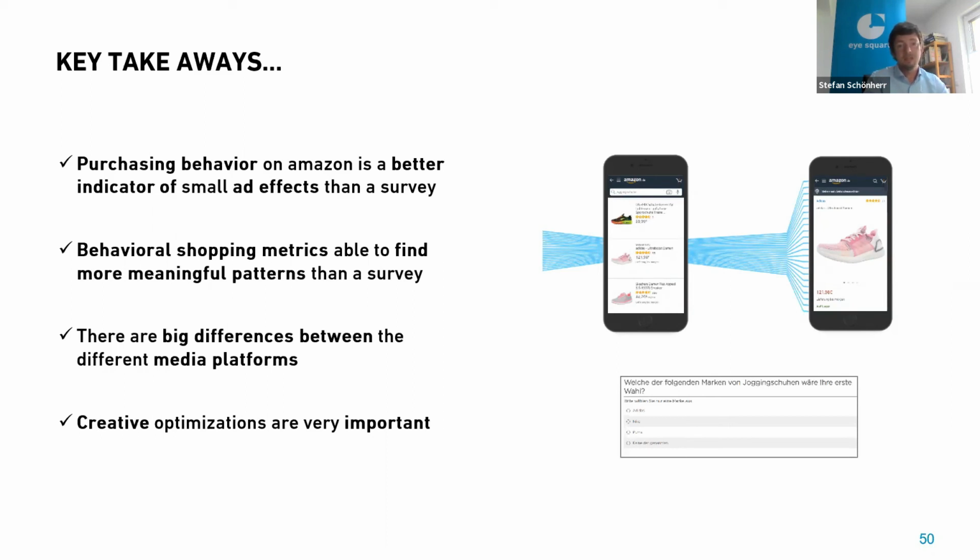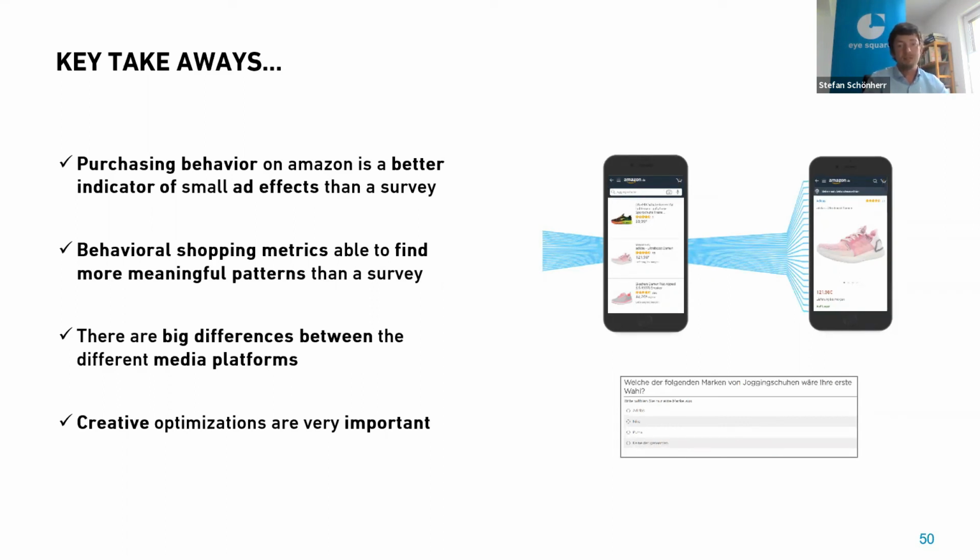Then, of course, you see that there are big differences between the different media platforms. For some of you, maybe social media is one aspect, but you see that even within social media there are so many differences. This is the same for different media channels. And in the end, that's what we always see when we test creative.